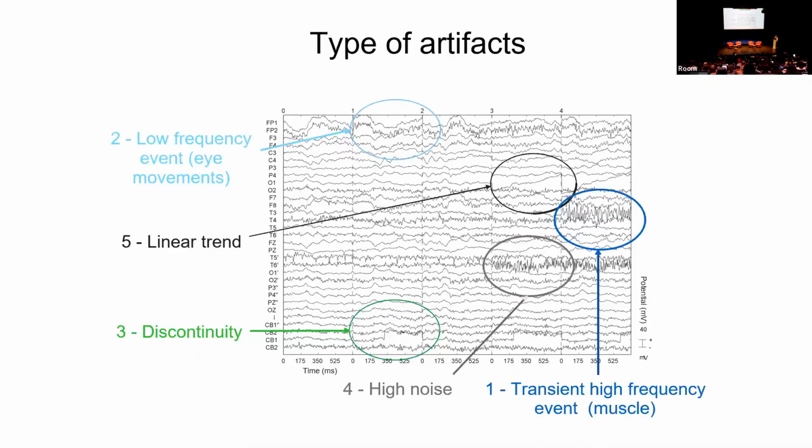So we have different kinds of artifacts. For example, low frequency, eye movements, linear trends. We have high frequency events, which is like here, for example, the muscle activity. And we have here short discontinuities in the data.